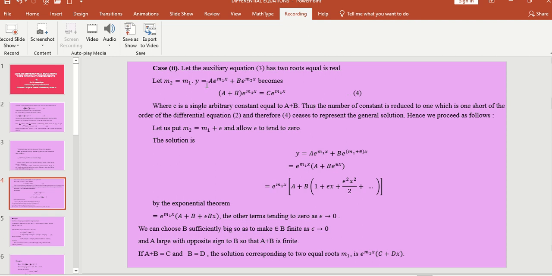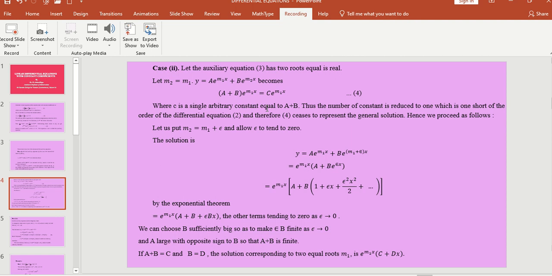So when m1 and m2 are equal roots, we have the solution in the form of equation 4. Thus the number of constants is reduced to 1, which is one short of the order of the differential equation 2, and therefore 4 cannot represent the general solution.